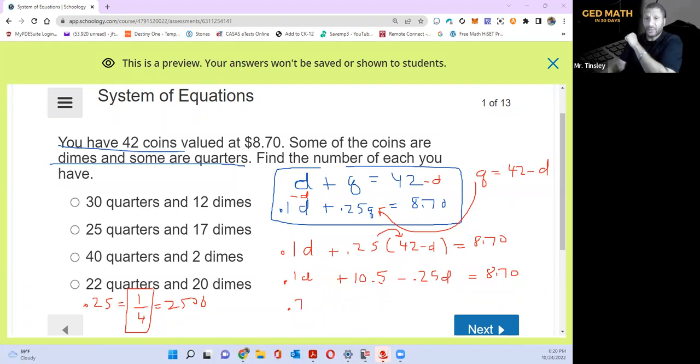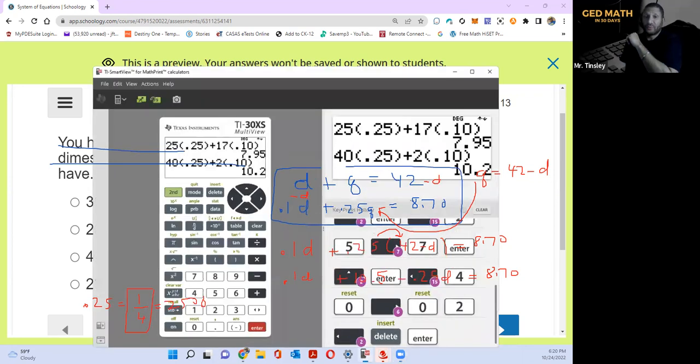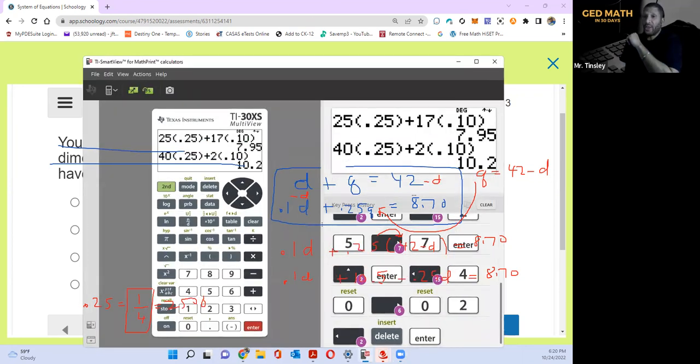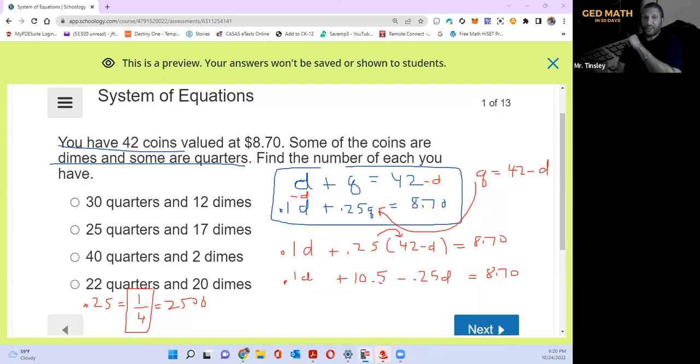Oops, I'm sorry. No, it's not. What is 0.1 minus 0.25? Does anybody know? Can anybody tell me? Use your calculator.